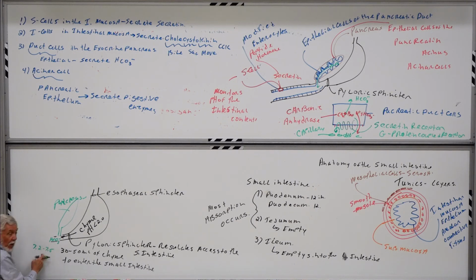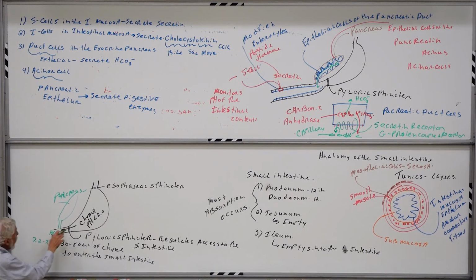So we've buffered all that hydrogen ion using bicarbonate. And now we have basically neutralized the hydrogen ion with the bicarbonate. So we now have a contents in the range of about 7.2 to 7.4. Okay. Are there any questions up to there?